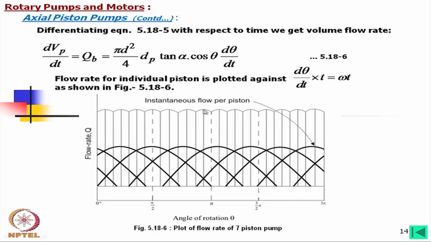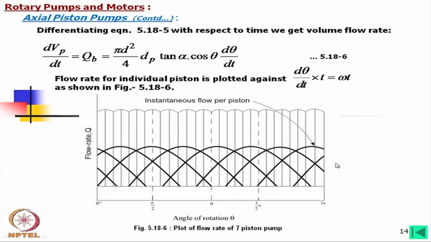Now, if we plot this flow rate, let us consider this is piston number 1, then piston number 2, then piston number 3, then piston 4, then 5, then 6, then 7. We have considered 7 pistons.